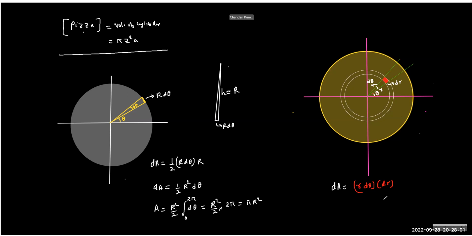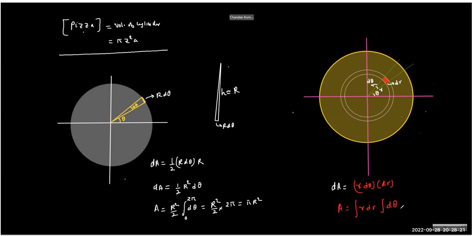So how many of you are able to realize this? This is also a way of writing area. But the problem is, in this case, you can see there are two d's, dr and d theta. So to find the total area, I have to vary not only one thing, I have to vary two things.